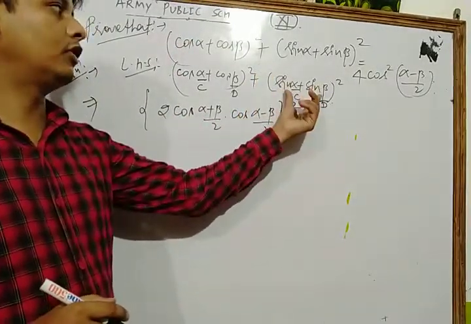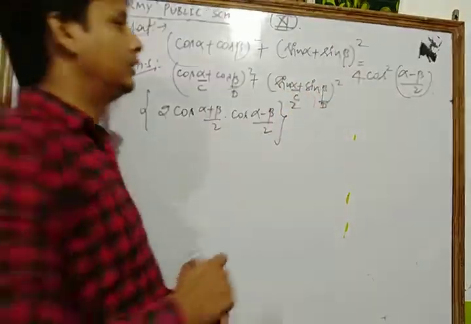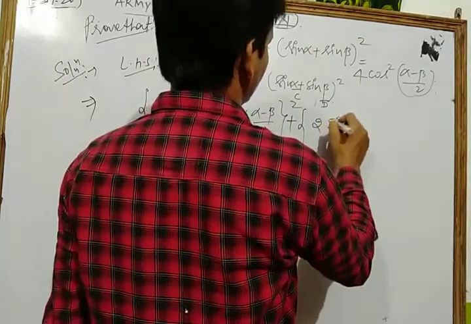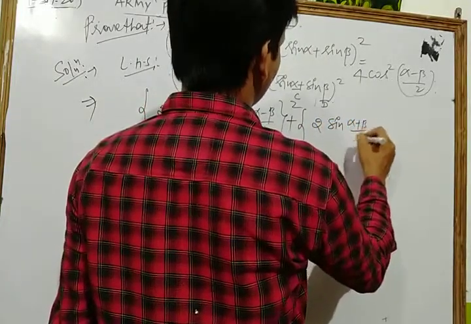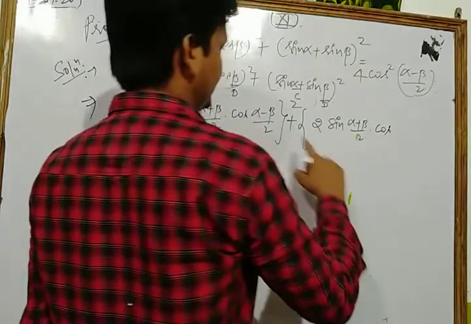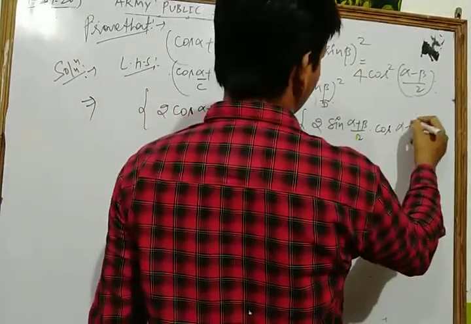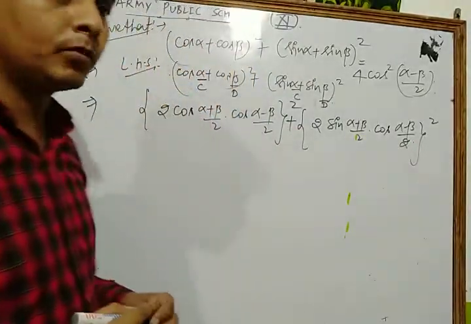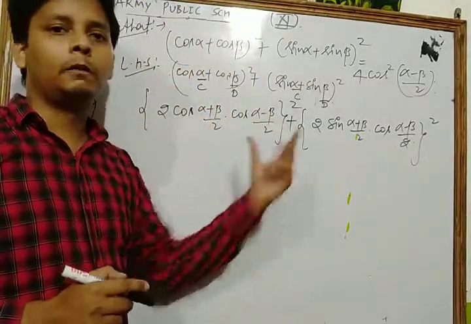Now we apply the formula of sin c plus sin d in that part. We get 2 sin (c plus d) by 2 into cos (c minus d) by 2, whole square. Now first we square both the parts.